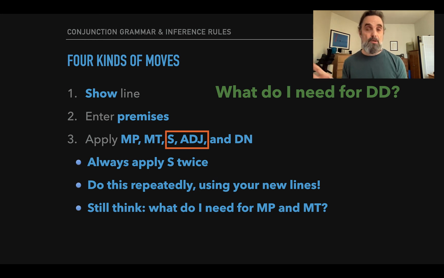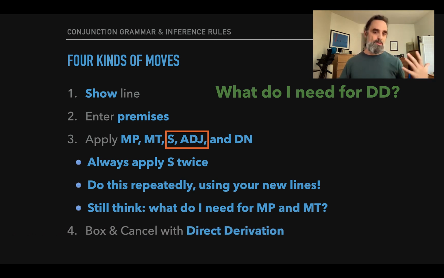Simplification is easier to use than MP or MT because all you need is the conjunction. It just applies to the conjunction by itself. Whereas with MP or MT, you look at the conditional and ask, what is the antecedent? What's the negation of the consequent? And then do I have them? You still need to do that because you're still working with conditionals, and the rules we have for working with conditionals haven't changed.